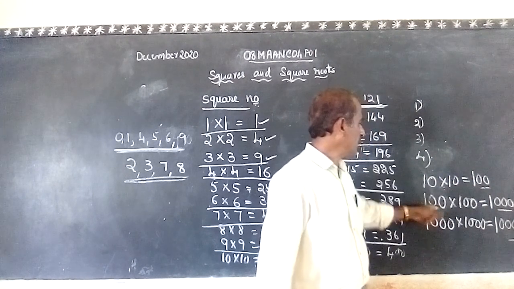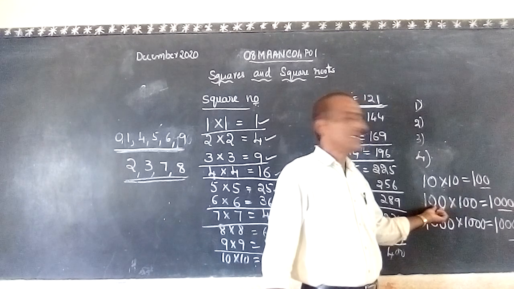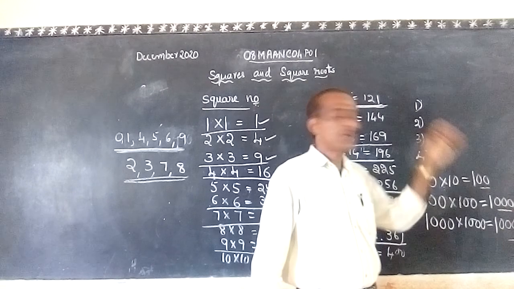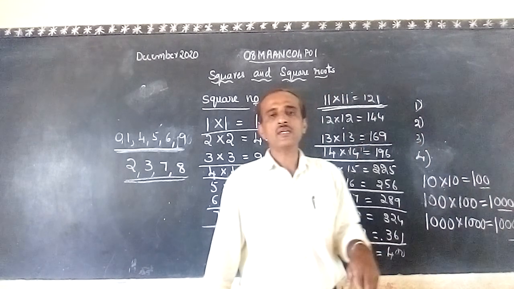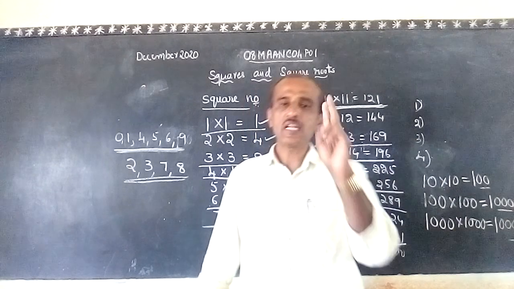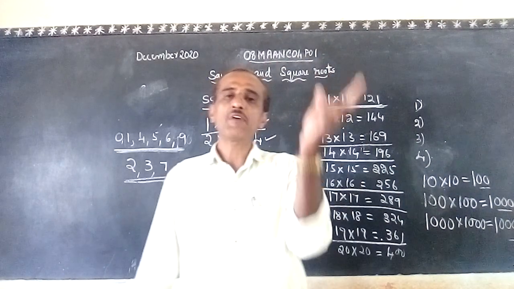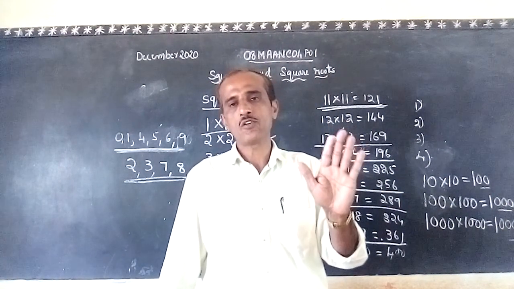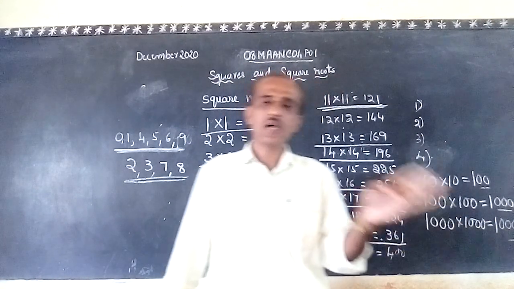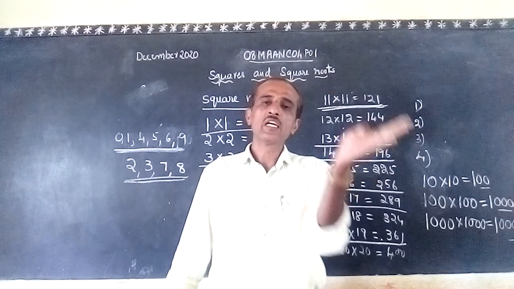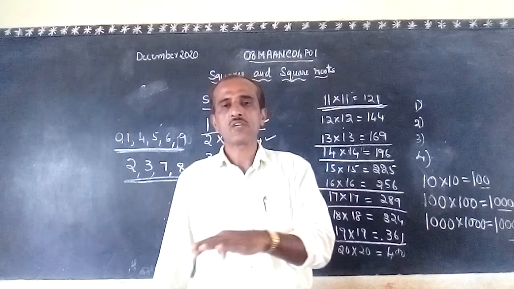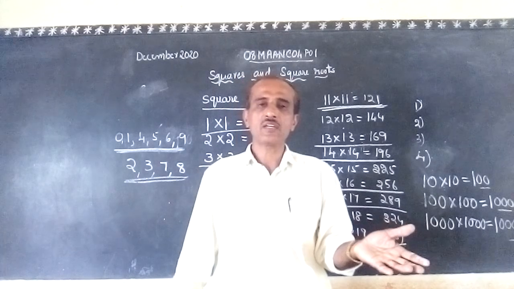If the number has 2 zeros, then its perfect square has 4 zeros. That means 2 times those zeros. If there are 3 zeros in a number, its perfect square has 6 zeros. If there are 4 zeros after 1, its perfect square has 8 zeros. Double of that number of zeros the perfect square contains.